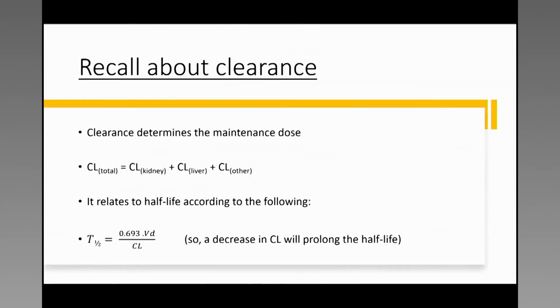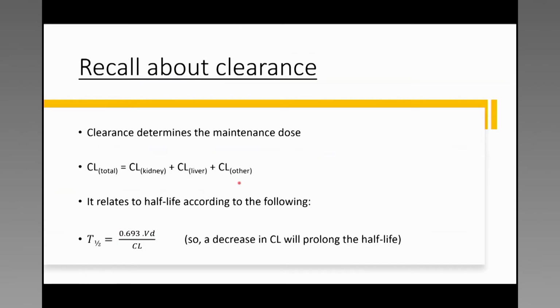So let's just remember about clearance. So clearance determines a maintenance dose. I'm going to say that a few times during this talk, and I'm sorry to repeat myself, but it is such an important principle. The total clearance is made up of the clearance of multiple different pathways that exist in the body. So it's the clearance of the kidney and the clearance of the liver and other clearance. So in the context of kidney disease, that may relate to, for example, dialysis.